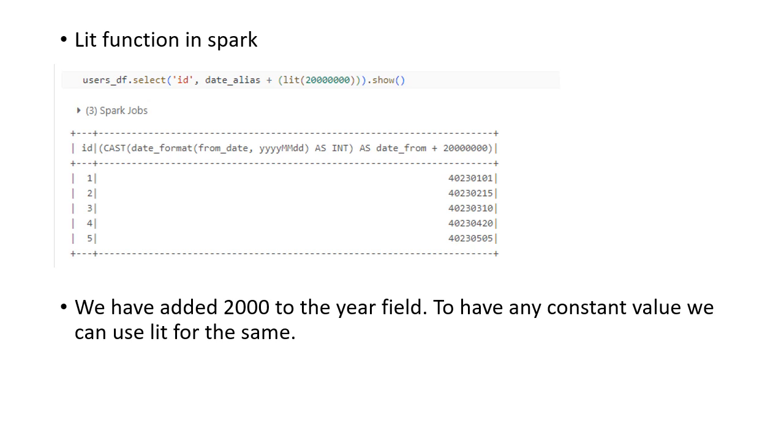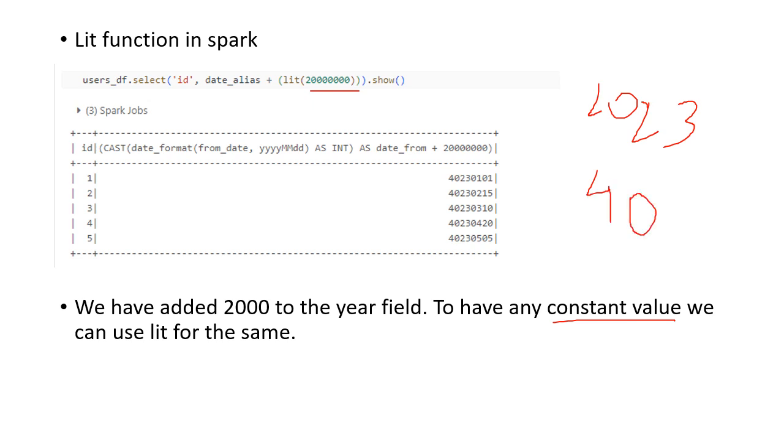Next and finally, we're going to see about the lit function in Spark. As we said earlier, the lit function will place a constant value across all the rows. If I want to add a number to the date field, earlier we had 2023 and now I'm trying to change that to 4023.